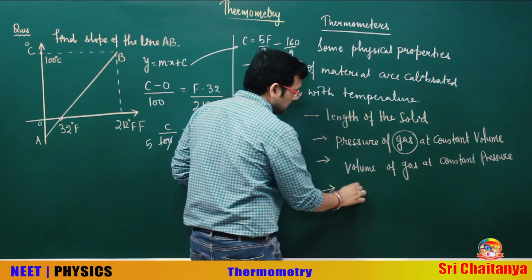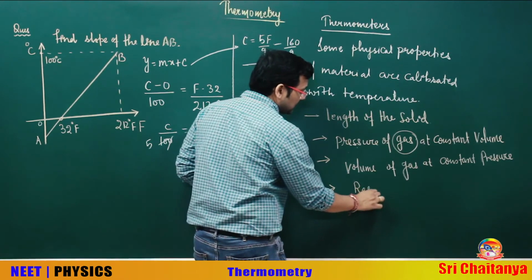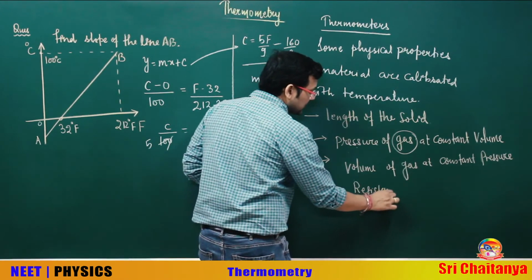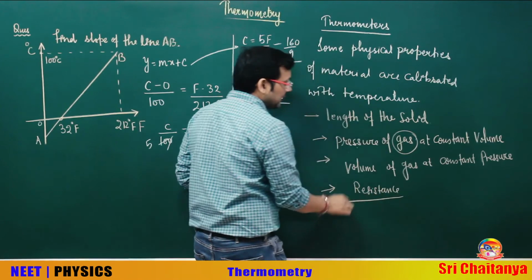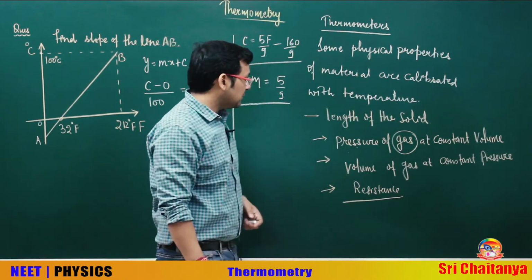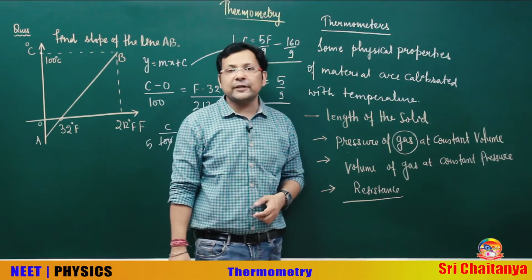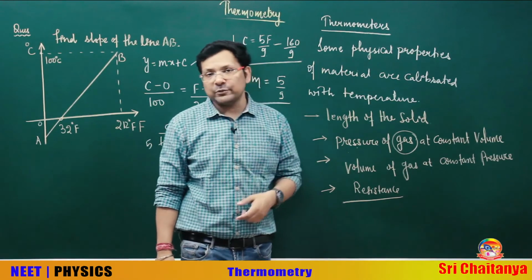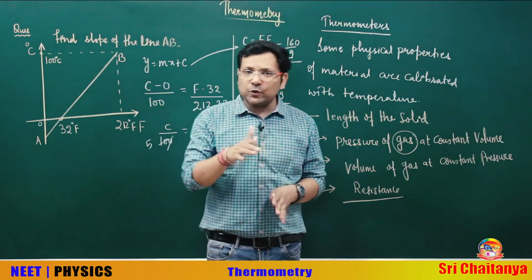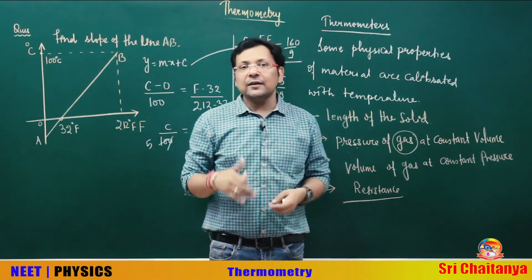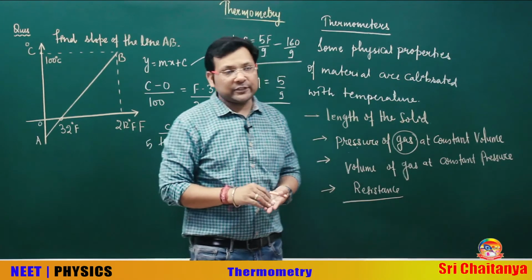Next, electrical resistance. We know that resistance and resistivity change with temperature. So these are the commonly used physical properties that are calibrated with temperature, and when these properties change, accordingly we can calculate the change of temperature.